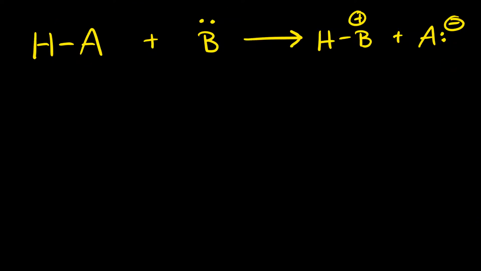So we established in the last slide that it's the lone pair on B that's coming over and attacking the proton of the acid. And so we could say that the base is donating its electron pair. So it's acting as an electron pair donor. At the same time, the proton on this side, the H atom, is accepting the electron pair from the base.